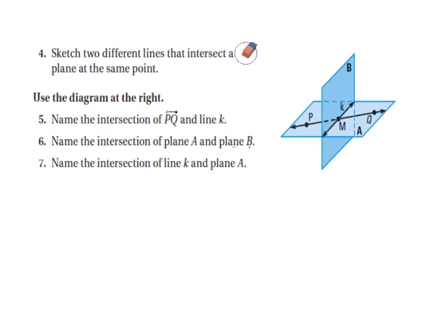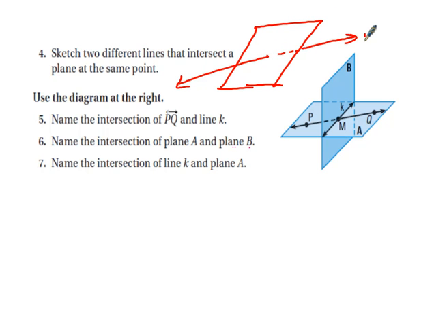So here is a plane, and we have a line that goes through, and we'll label that line P and line Q, and they intersect at R. Next one's name the intersection of PQ and line K. Well, here's line K, and there's line PQ, and they intersect at M. And the next one, name the intersection of plane A and plane B. Plane A and B are going to intersect there along K, so that would be line K.